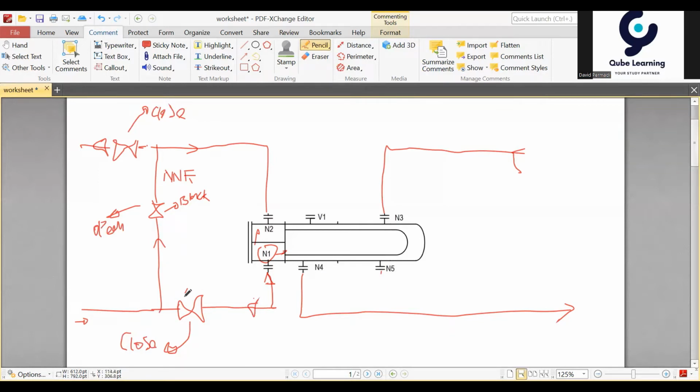For the final outlet of the cooling water during the backflush, we have to ensure that a drain connection is also provided here. So we add a drain connection here. The drain out connection is provided, and we have to ensure that the drain connection is in open position.